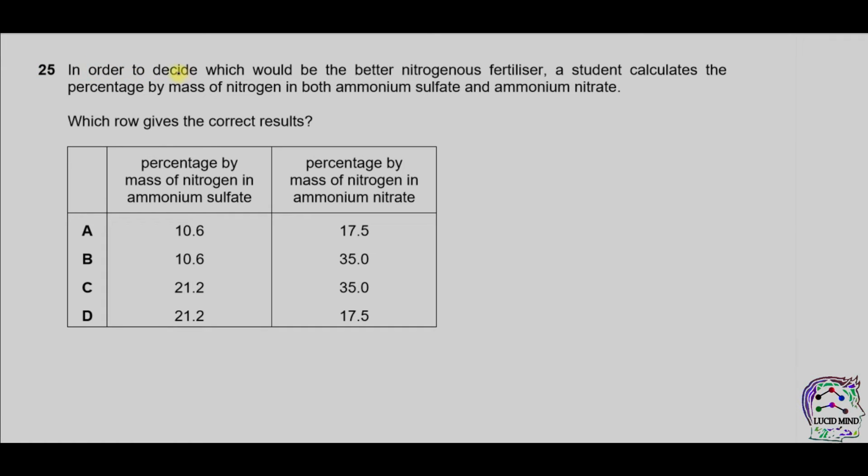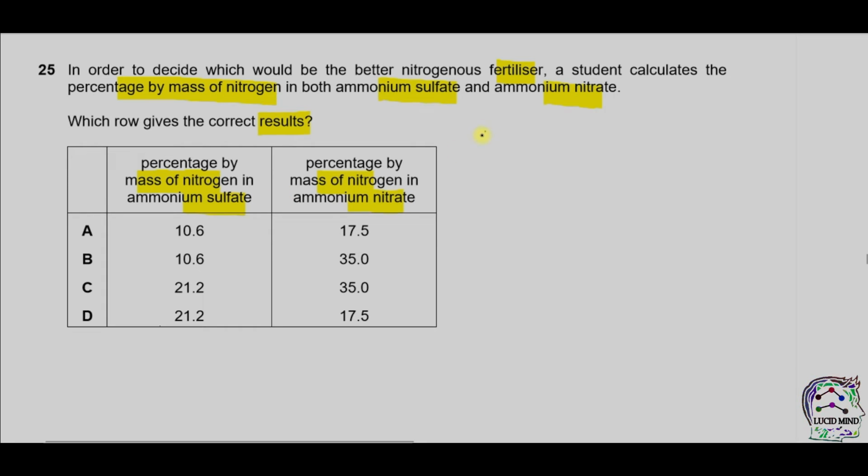Question 25. In order to decide which would be better nitrogenous fertilizer, a student calculates the percentage by mass of nitrogen in both ammonium sulfate and ammonium nitrate. Which row gives correct results? Now we have to find the percentage by mass of nitrogen in ammonium sulfate and also in ammonium nitrate.